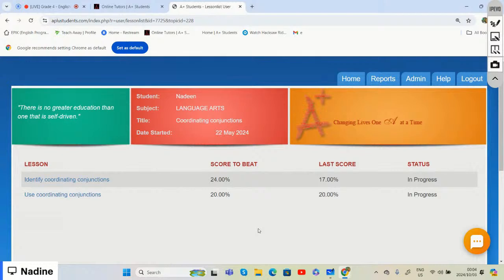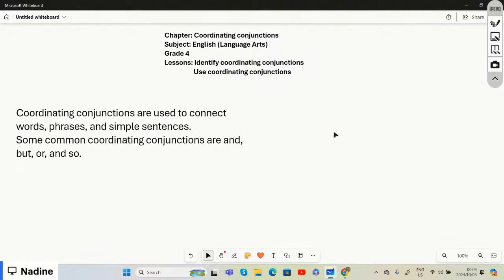So here we have our chapter, coordinating conjunction. Our subject is English language arts.